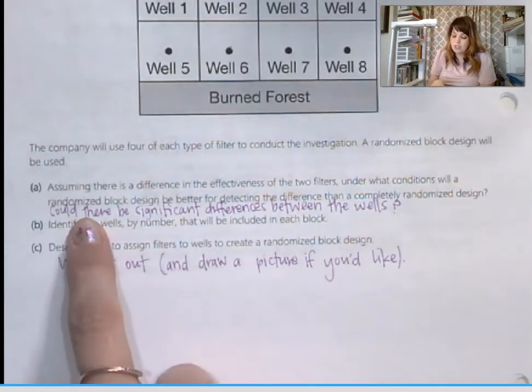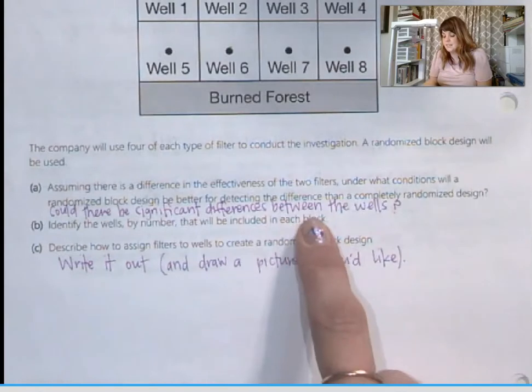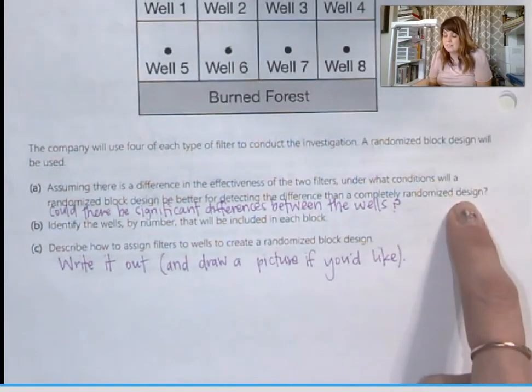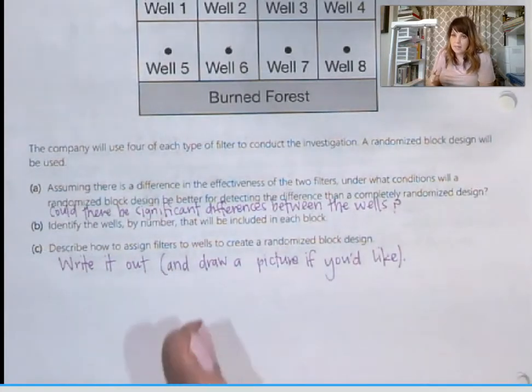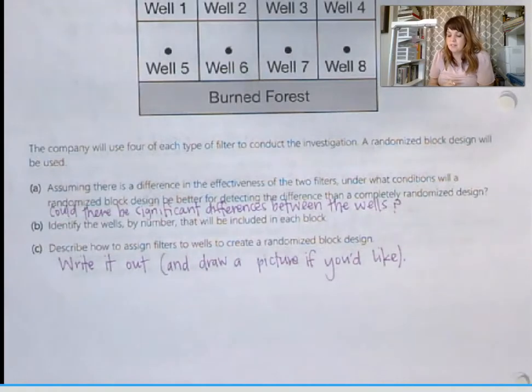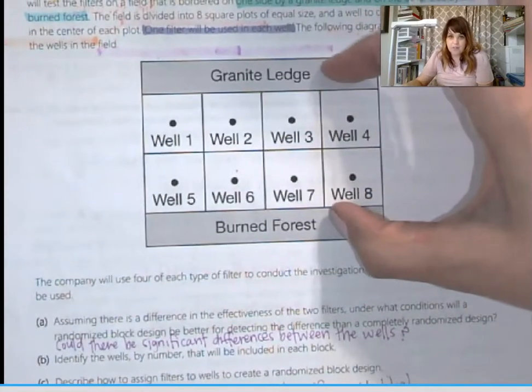Under what conditions will a randomized block design be better for detecting the difference than a completely randomized design? My advice to you: could there be significant differences between the wells? Well, family, let's go back up here and investigate where these wells are.